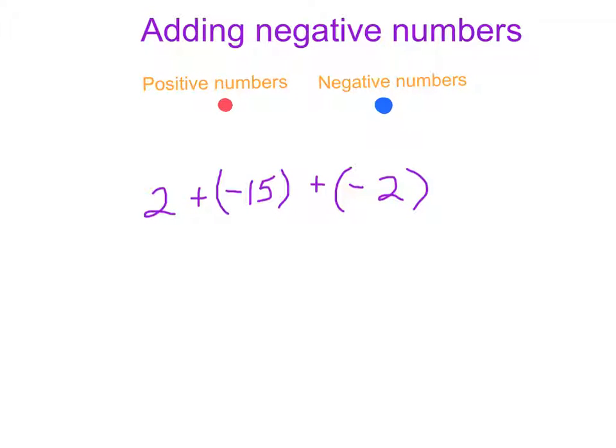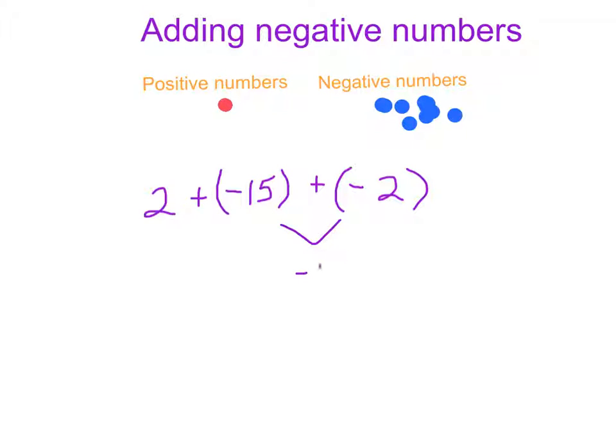So if I wanted, I could take this negative 15 plus this negative 2, and I know that would give me negative 17, right? Because I'm taking 15 of these negatives, and then I'm adding two more of those negatives, and I would get 17 negatives. So I'd write that down.